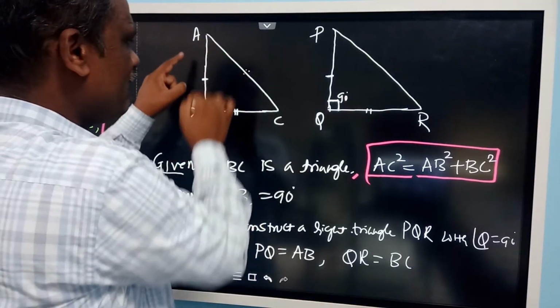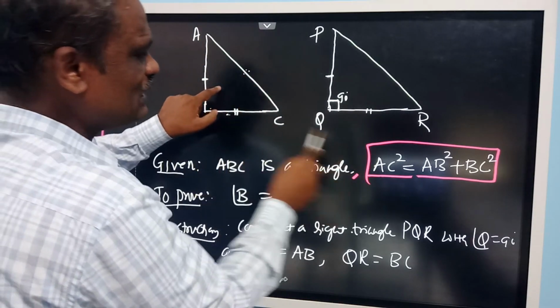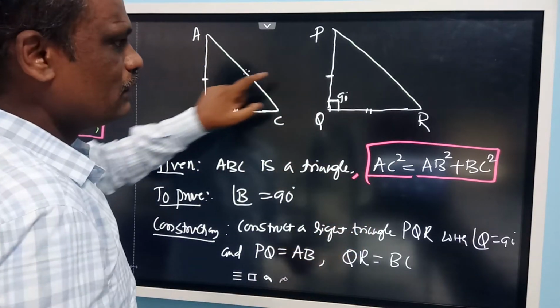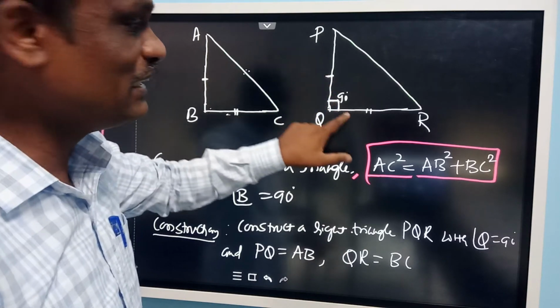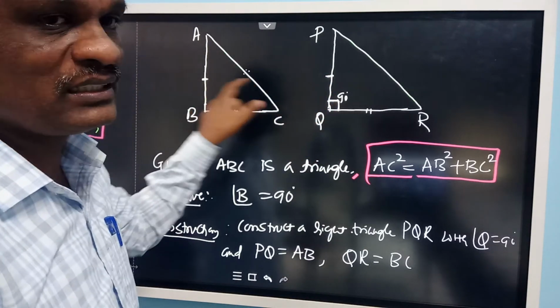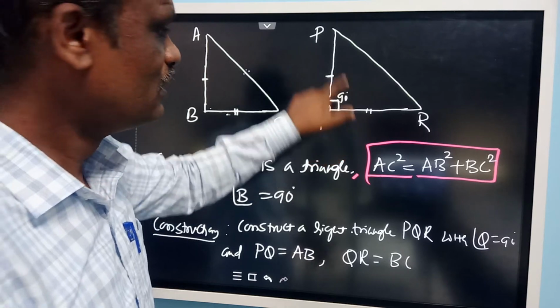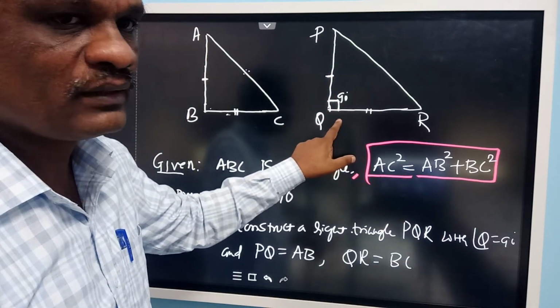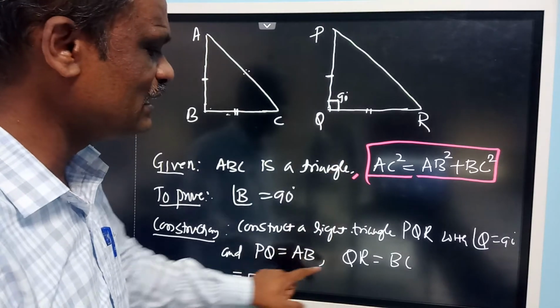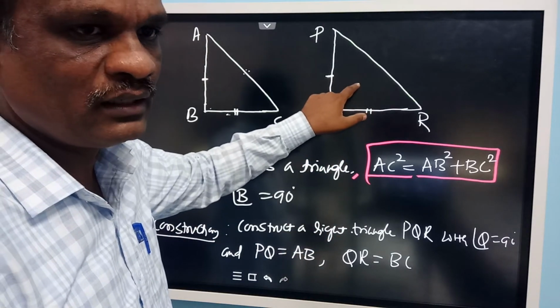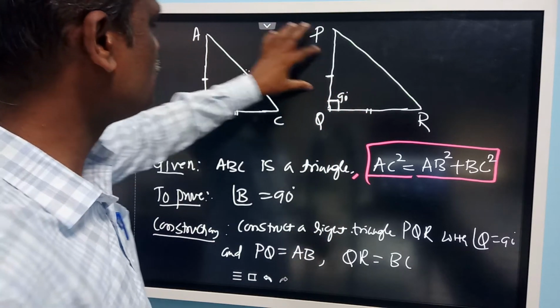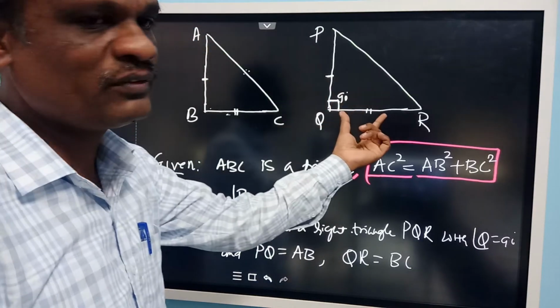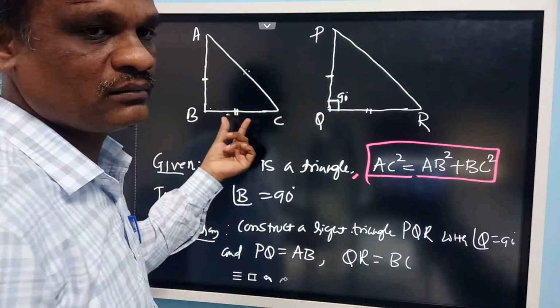See, ABC is a triangle, and in this we have this relation. But the second triangle we constructed is a right angle triangle. It is not mentioned here, but it is mentioned clearly there: PQR is a right angle triangle with angle Q equal to 90 degree, constructed such that the length of PQ is equal to AB and the length of QR is equal to BC.